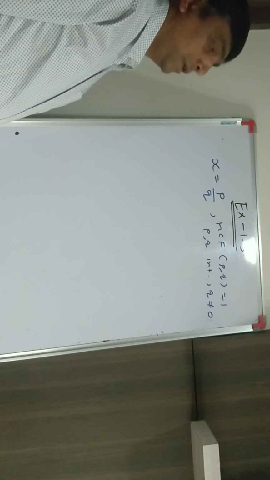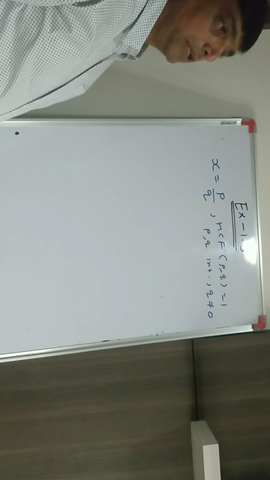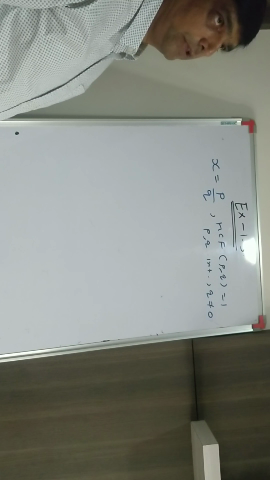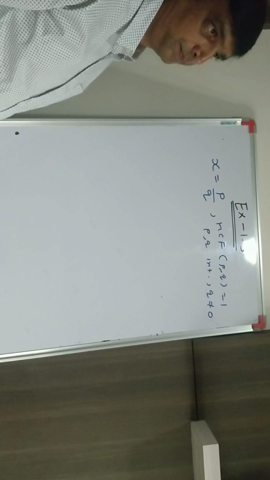That is, P and Q are in their simplest form, no common factor other than 1, then we can say x is a rational number.